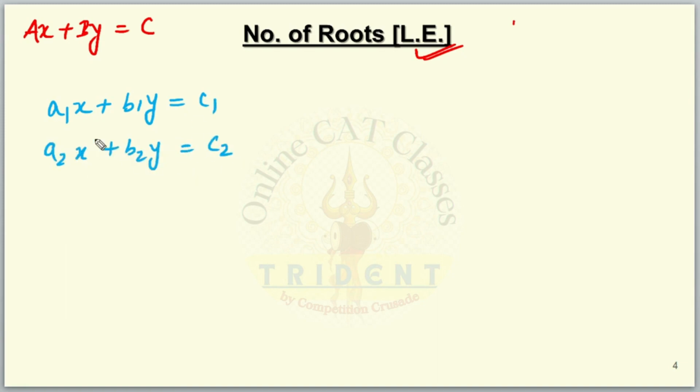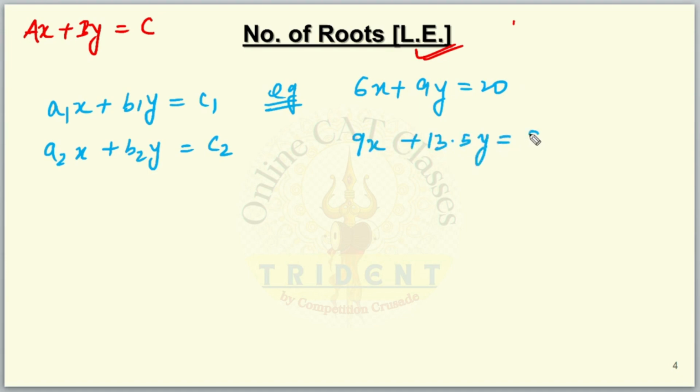Now obviously I will not go into too much detail. The coefficients of x, y and the constant terms will give you the number of solutions. To make things a little easier, I will take an example. Suppose I take 6x plus 9y is equal to 20. This is one equation, and the other equation is 9x plus 13.5y is equal to 30.